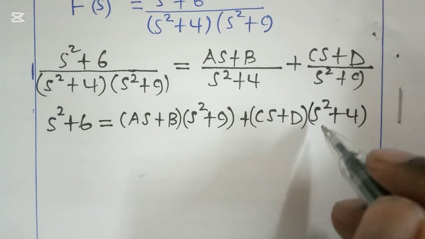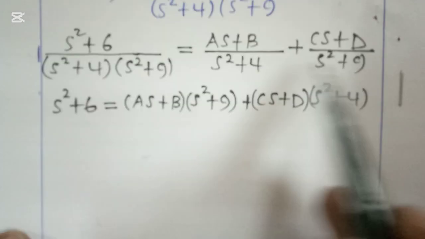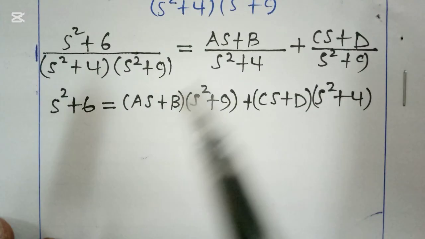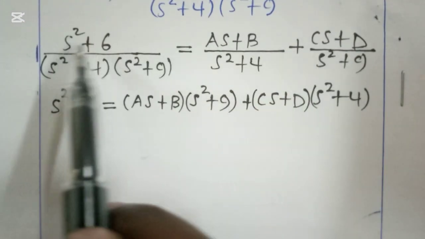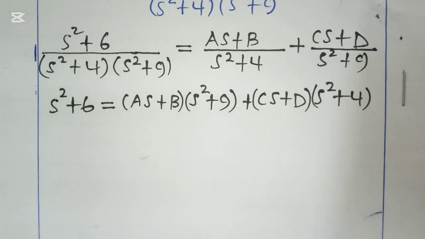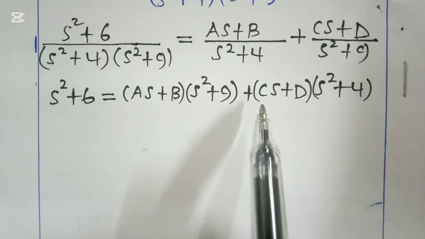So what we are doing is we are looking for the LCM. After we look for the LCM, we can equate this and that into that, which is s squared plus 6. And so this is what happens if you are to do that.